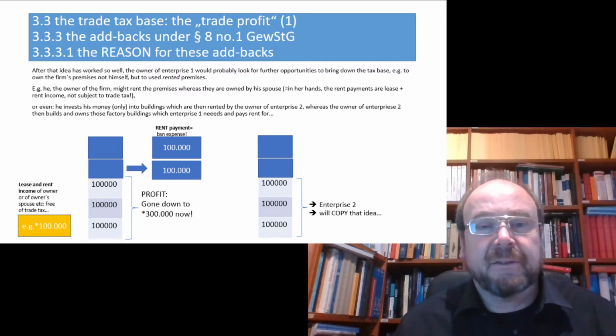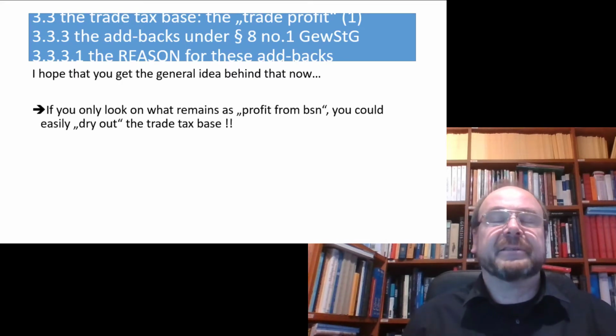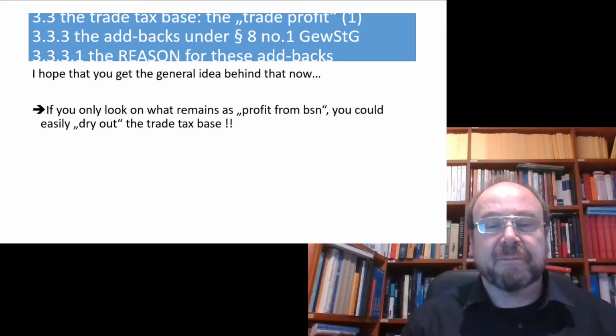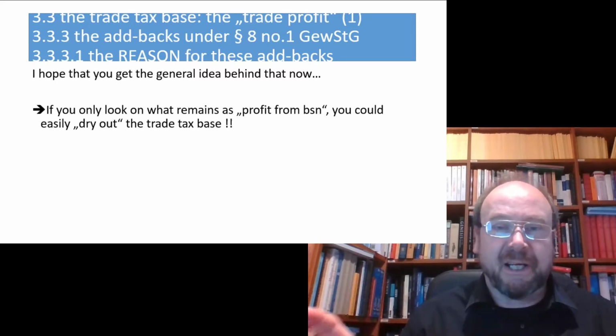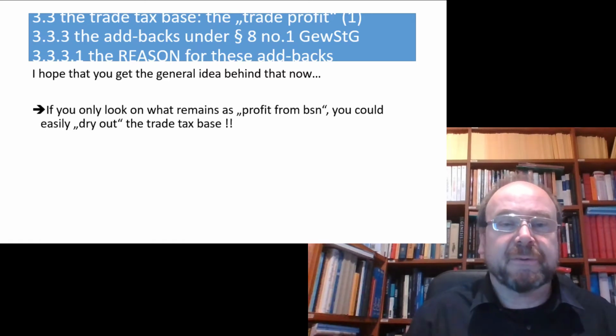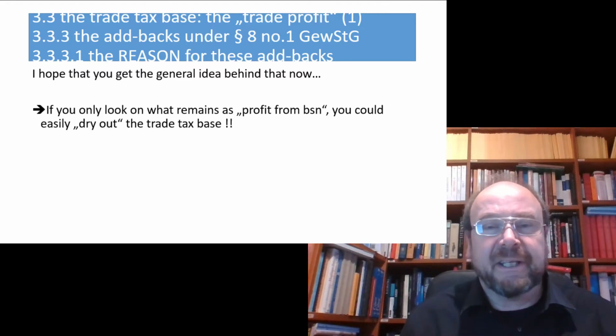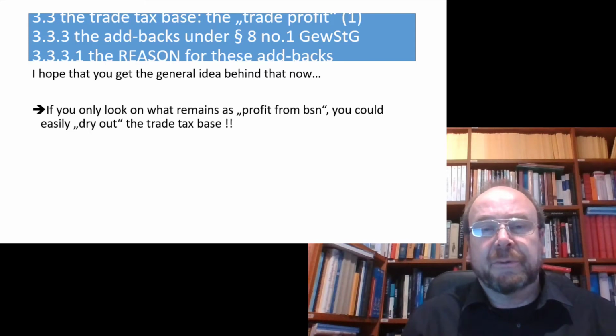Well, you can not only rent buildings, you can also decide not to buy your own machines, but husband, wife, cousin, or a friend buys machines and lets them to you for rent, and you pay rent. And so more and more expense lowers the trade tax base, and in the end, only idiots and those who cannot get rid of their profits pay trade tax anymore. So you program the drop down and the elimination of the tax.